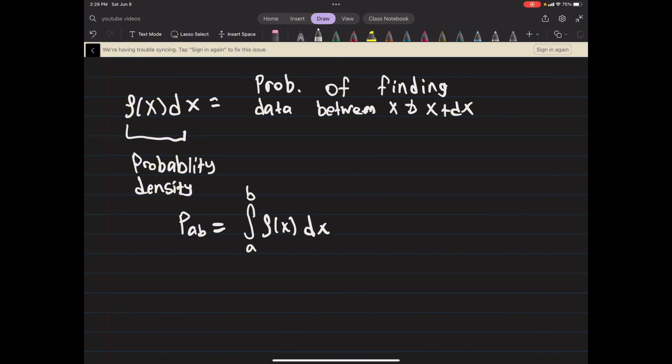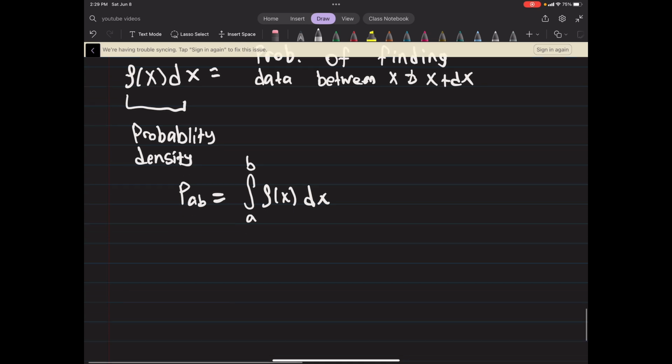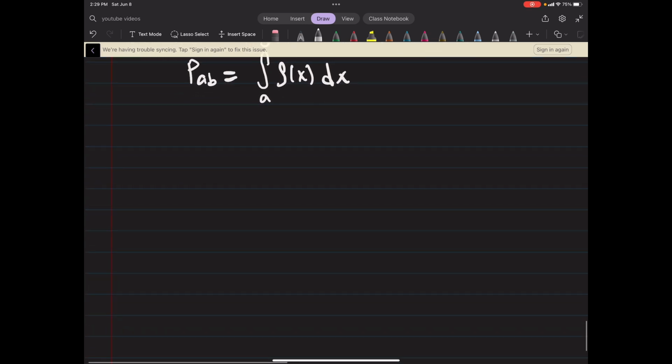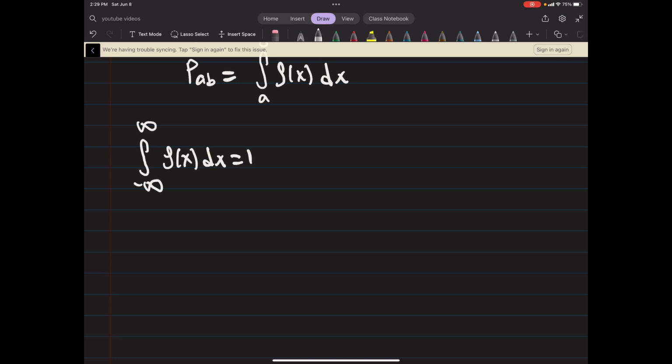So a lot of our sums are now going to turn into integrals. And just like before, the same rules of probability apply. If you integrated over all your data, just like if you summed over all your data, you should get 1. And if you want an expectation value, say of x, you multiply your x by this probability density function.